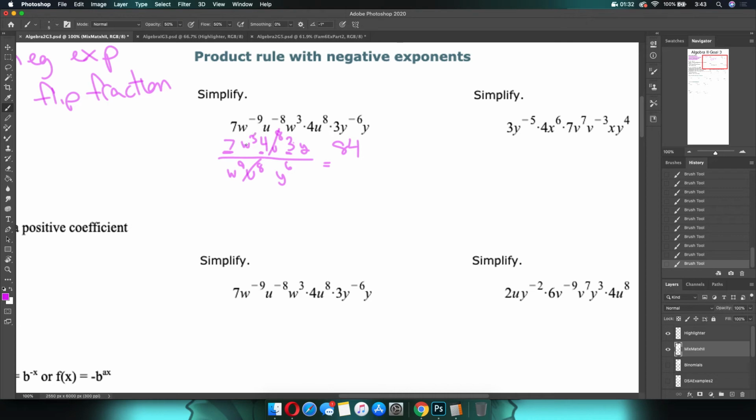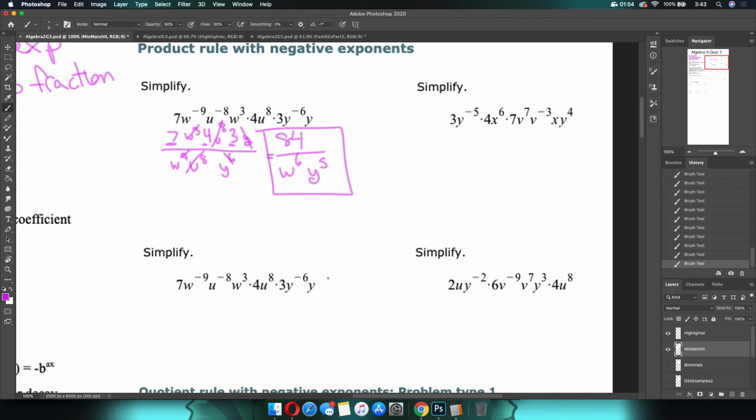You have w to the 3rd and w to the 9th. 3 minus 9 is negative 6, so w to the 6th stays underneath. Then we have y and y to the 6th. 1 minus 6 is negative 5, so y to the 5th stays underneath. That's what they're looking for, the product rule. They're getting you used to flipping your fractions first and then doing your computation.